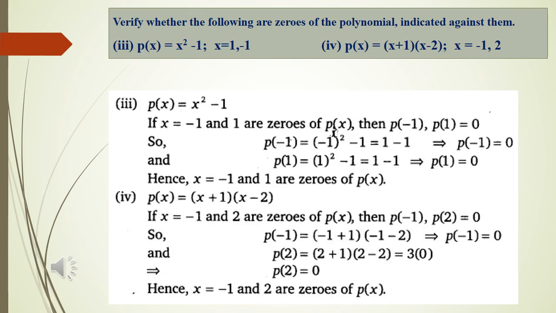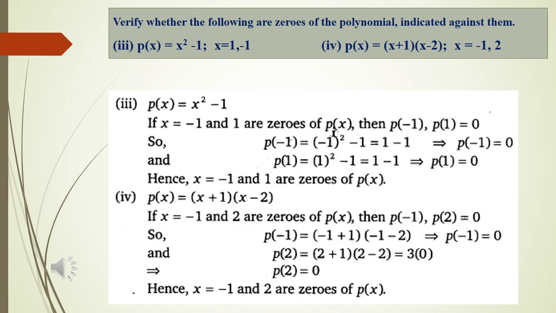Here we will verify zeros of the polynomial as indicated against them. P of x is equal to x square minus 1 at x is equal to 1 and minus 1. Here we will substitute the value of x in the given polynomial.